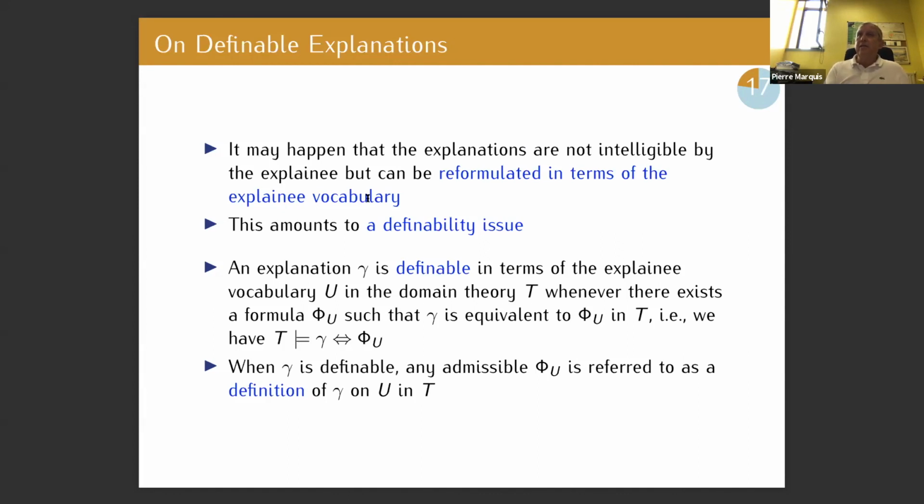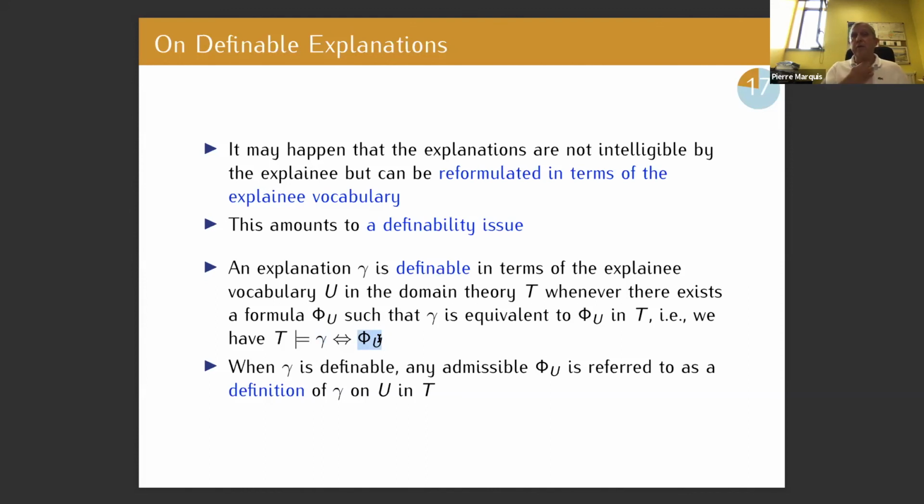And again, this amounts to a problem that is well known in logic for decades, the definability issue. Definability is when you are able, given the domain theory, to find a formula equivalent to a given explanation, but this formula this time is generated using only a specific vocabulary.